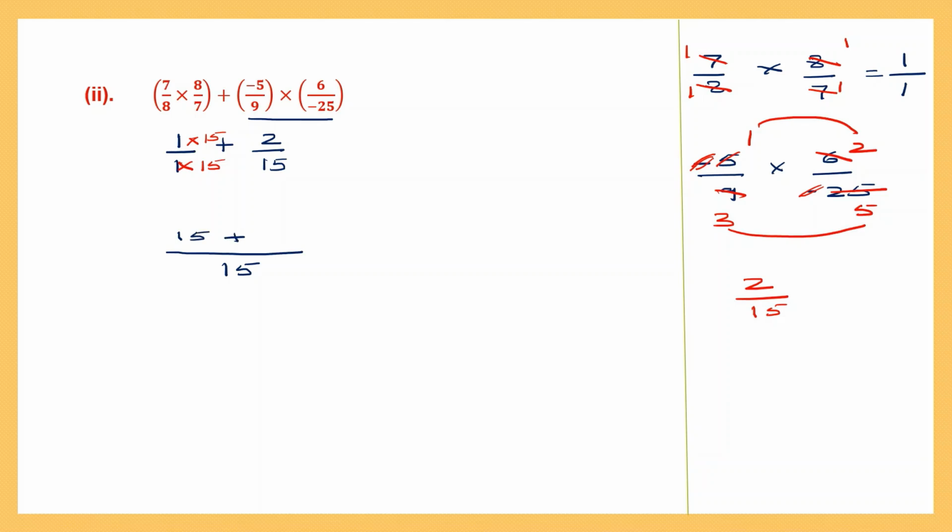Plus 15 into 1. 15 into 1 is 15. So we multiply 2 into 1. 2 ones are 2. So we have here 15 plus 2, which is 17, and denominator is 15. So 17 by 15 is an improper fraction. Let's convert it to a mixed number.